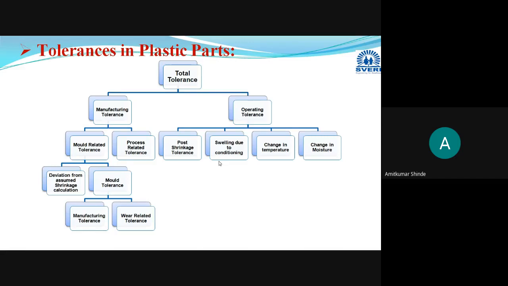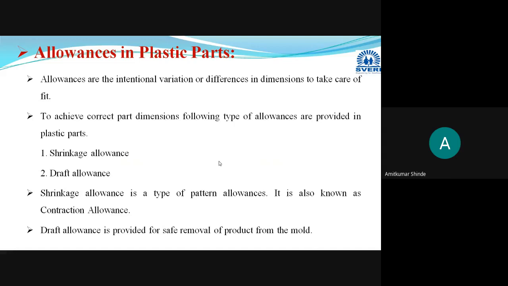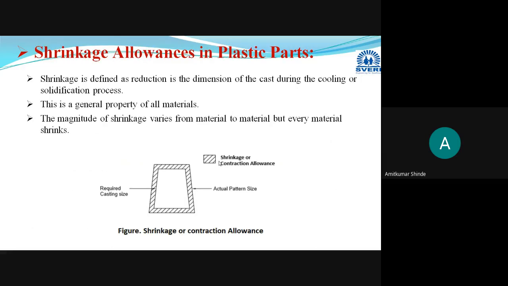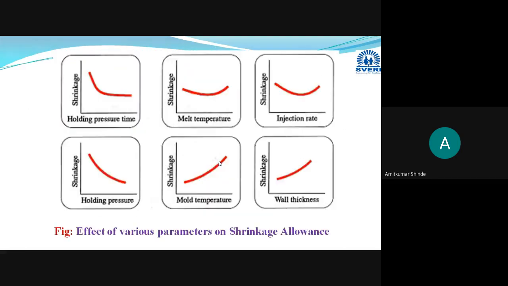Which kind of tolerances are there in the plastic parts. Then you studied the meaning of allowance and which kind of allowances are there in plastic parts. Two types of allowances are there: shrinkage allowance, and then factors affecting the shrinkage allowance, like holding pressure, holding time, mold temperature, melt temperature, wall thickness.